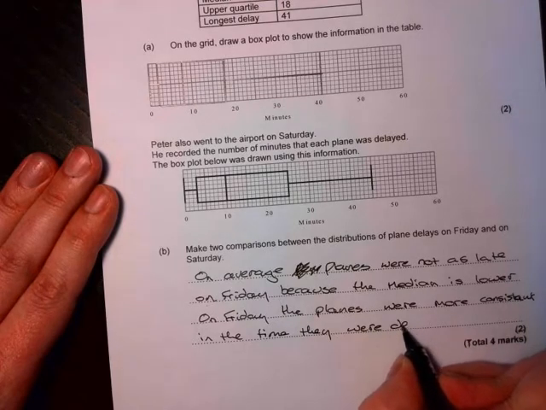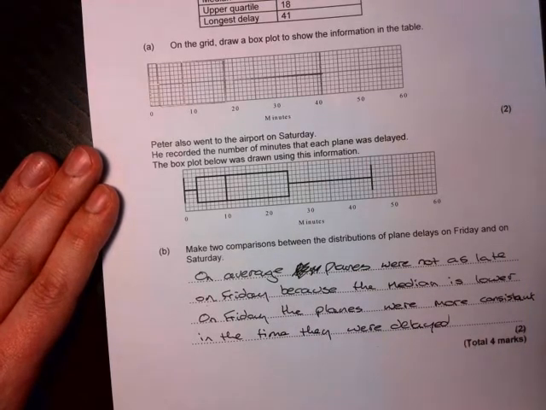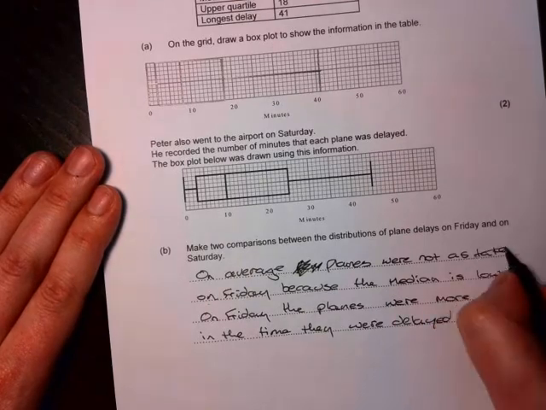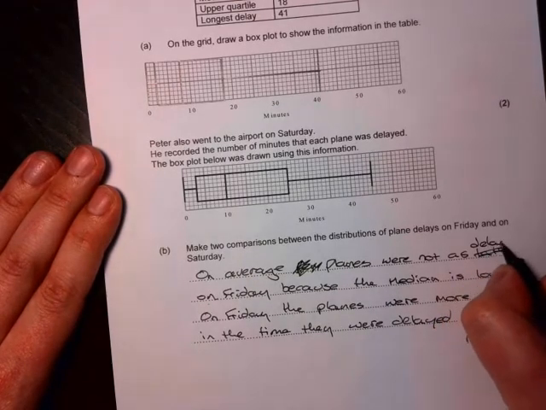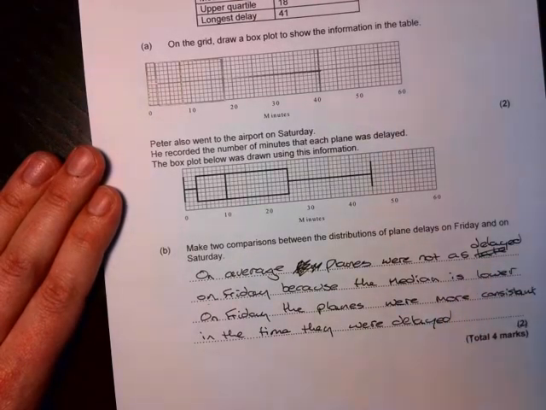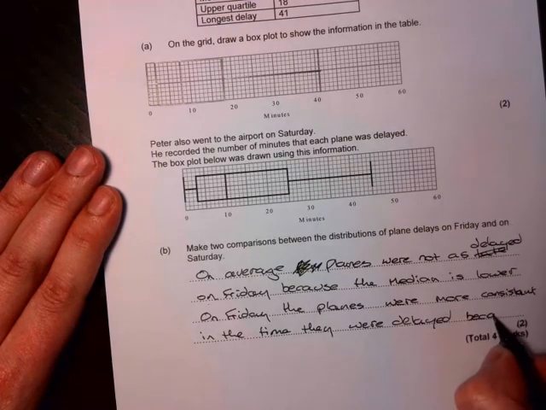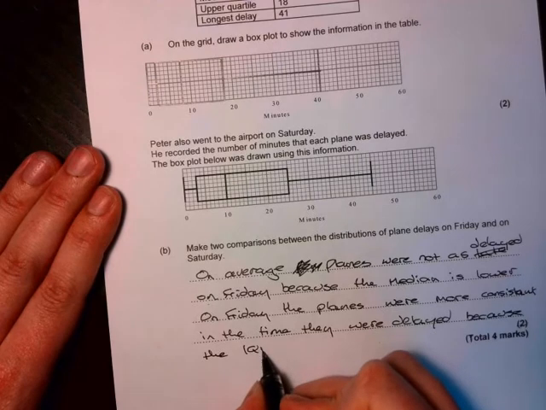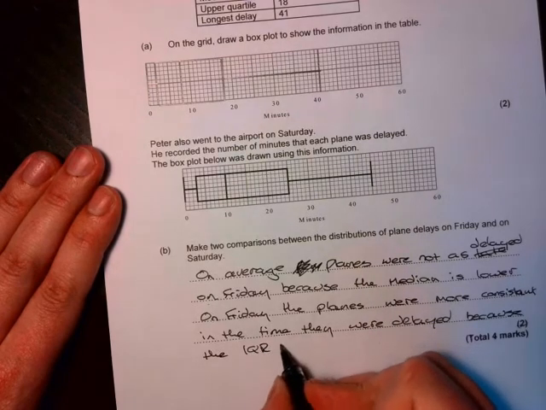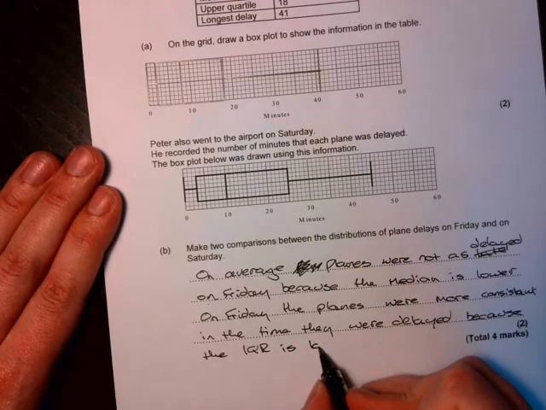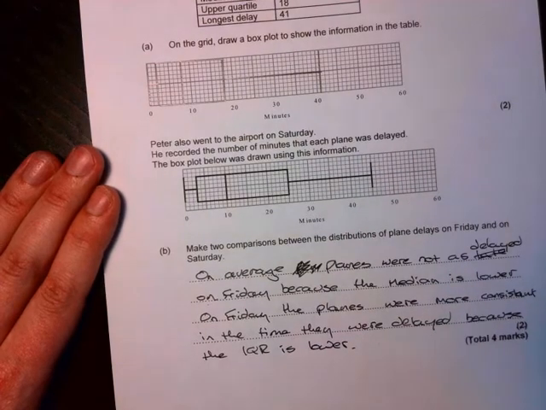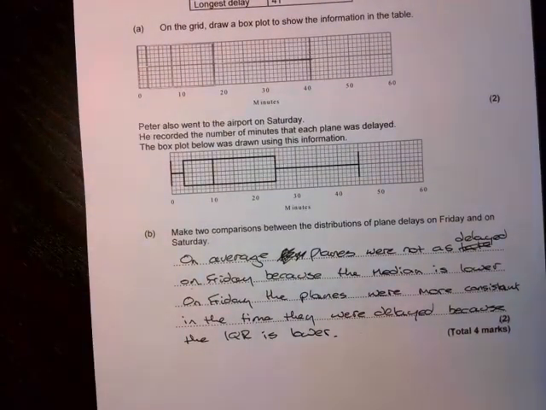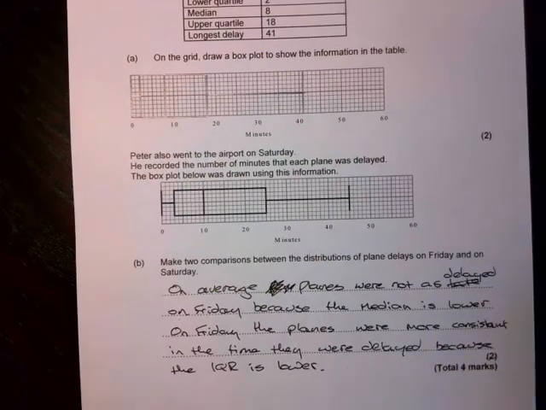Delayed, sorry. Shouldn't say late. Delayed was the right answer. They're more consistent in the amount of time they were delayed because the interquartile range is lower. Something along those lines, 1 mark for each. And that's it.